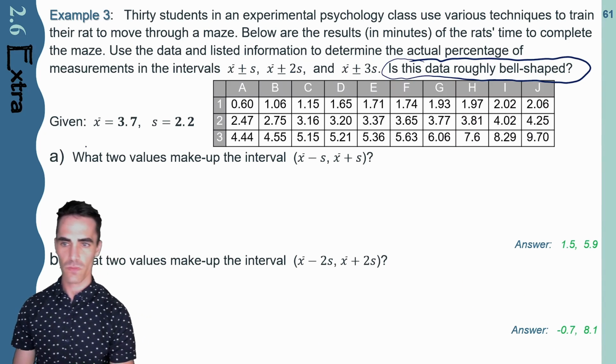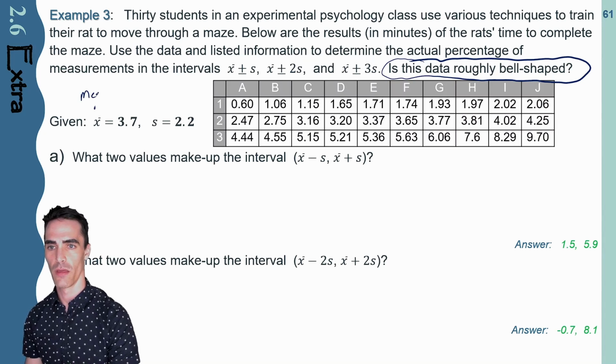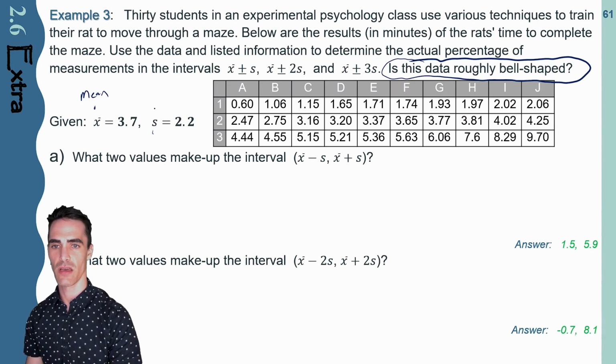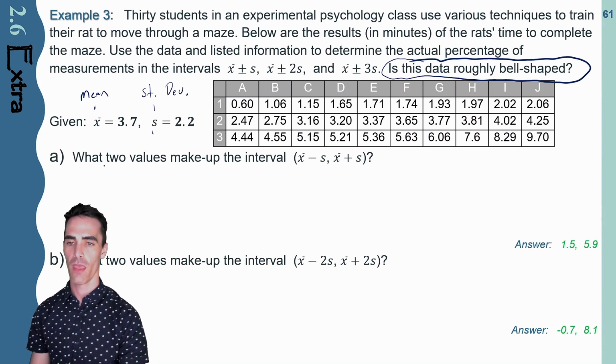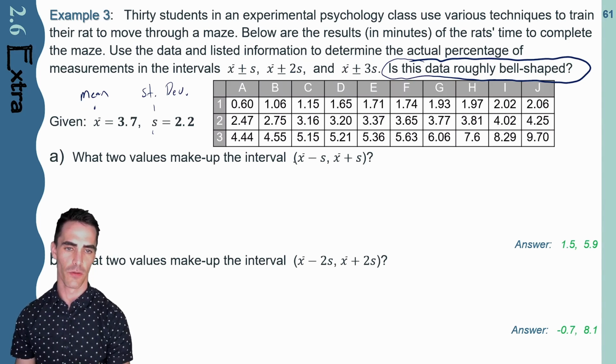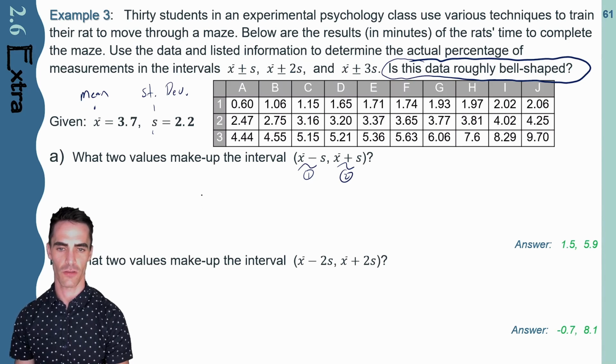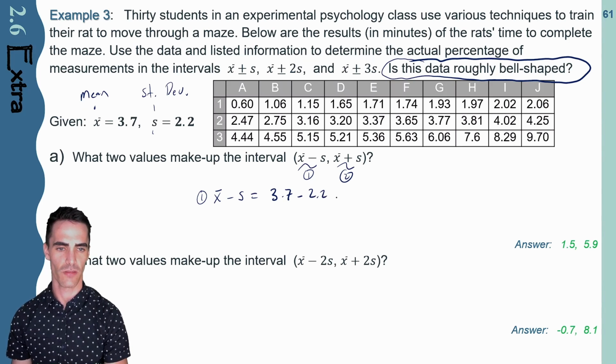Let's see. They're giving us the mean, this X bar, and they're also giving us the standard deviation. They saved us some time. What I want to do is compute these intervals. What are the values that make up the interval, the mean minus 1 standard deviation, the mean plus? These are 2 different values. I'll write a 1 under here and a 2 underneath here. For the first one, I have X bar minus the standard deviation. This should be 3.7 minus 2.2.